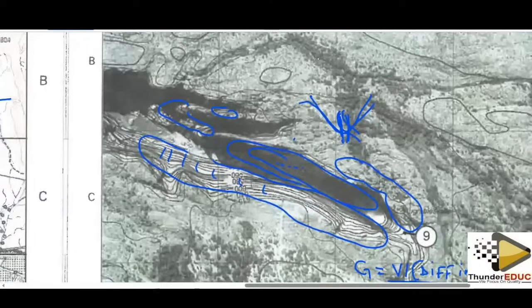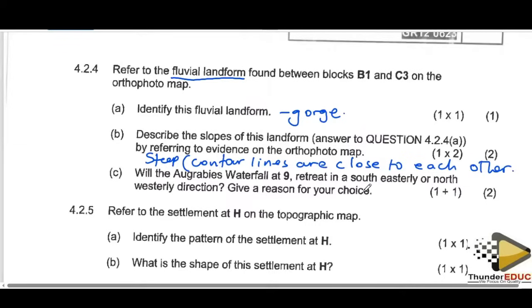All right. Will the waterfall at 9 retreat in the southeasterly or northwesterly direction? Give a reason for your answer. Let's go check again.